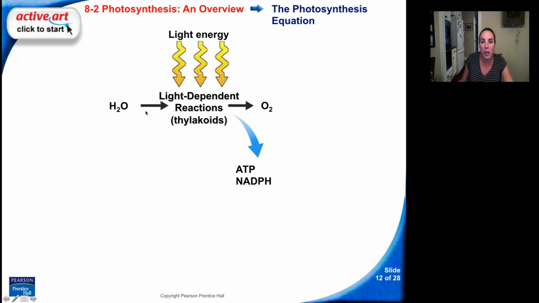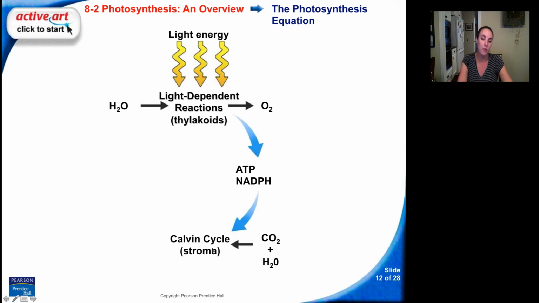These products then go to the Calvin cycle, also known as light-independent reactions in the stroma. So ATP and NADPH, along with carbon dioxide and water, go into the Calvin cycle to make our main product, which is sugar, which is the food that the plants need. Okay? The other products are ADP and NADP+, which go back to the light-dependent reactions, and we start all over again.